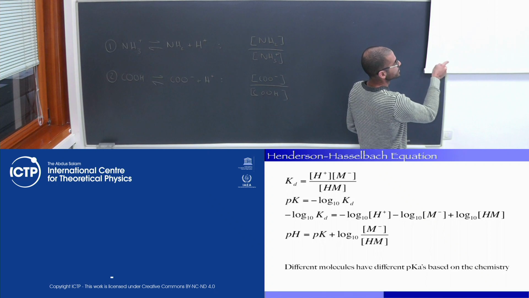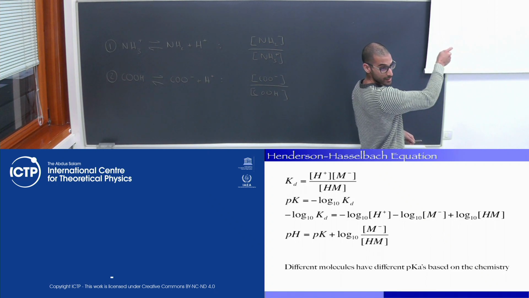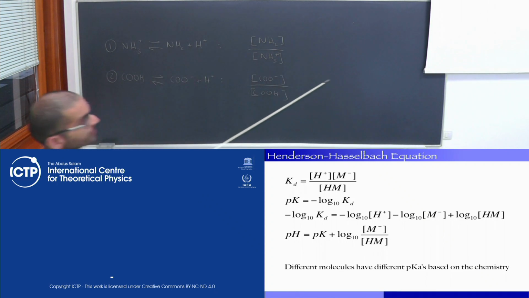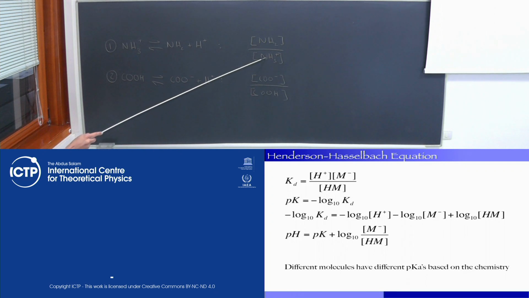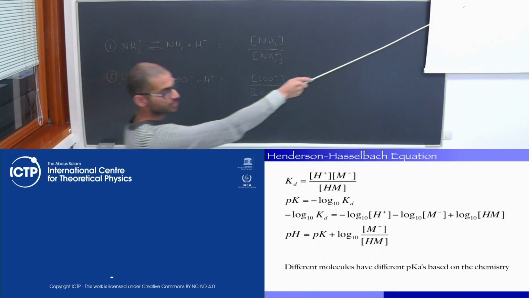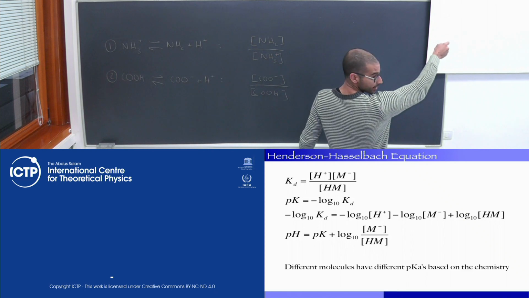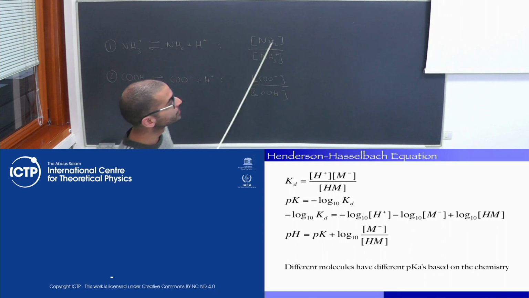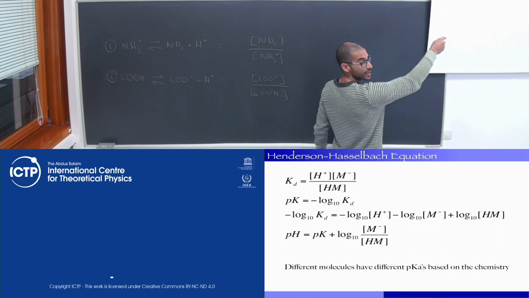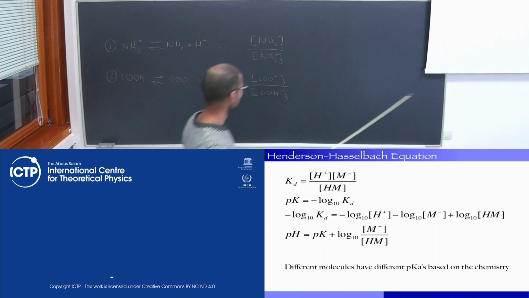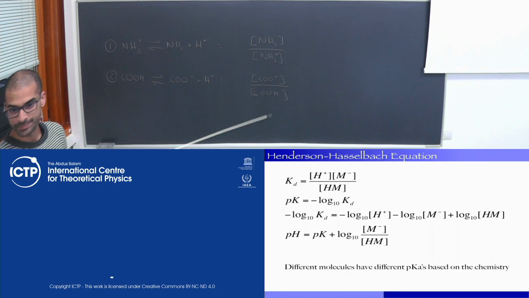This is the general acid, this is the general base. So this guy here at the top is NH3+, which is analogous to this guy. NH2 is analogous to that guy. Same thing for these two species.